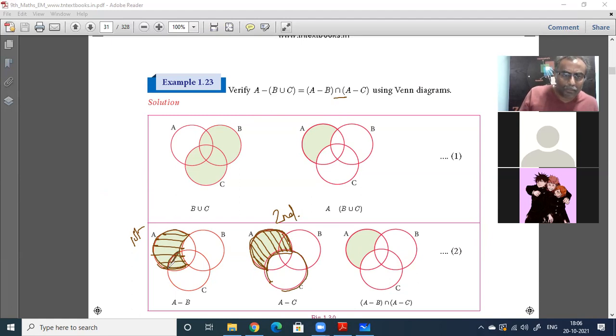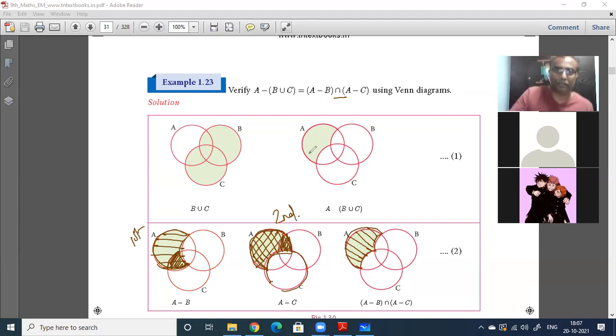This part is coming only here. But this part is coming in both the sections. That is why this part is your answer. This is only the intersection, the commonality between both these things.